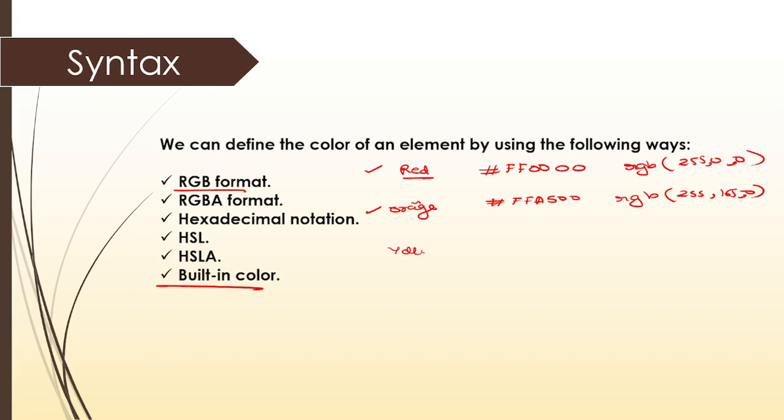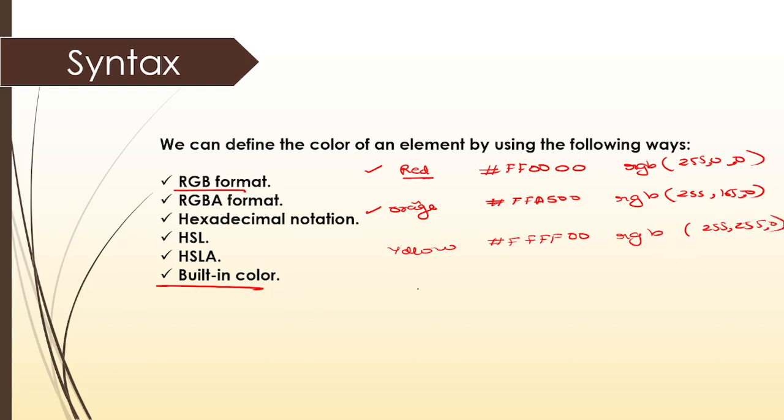If we talk about yellow, the code for yellow is #FFFF00, and the RGB code for yellow is 255, 255, 0.